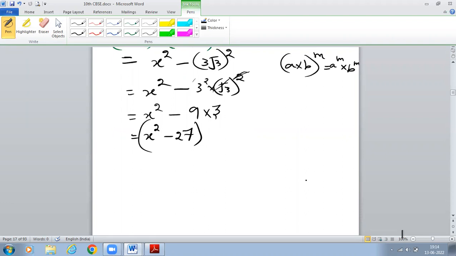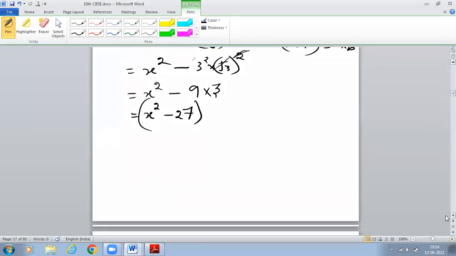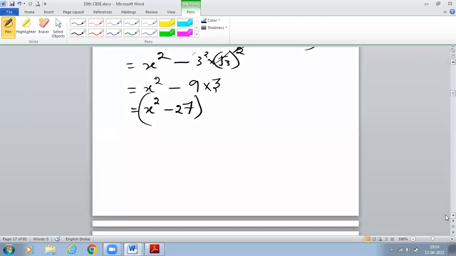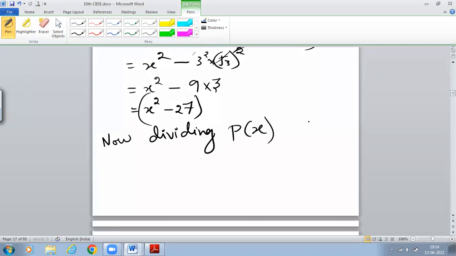So how to find it? Now we divide the given p(x) by x square minus 27. That is what we have to do. Then only we can find the other quadratic polynomial. So we divide p(x), a polynomial with degree 4, by one of its quadratic factors, x square minus 27.